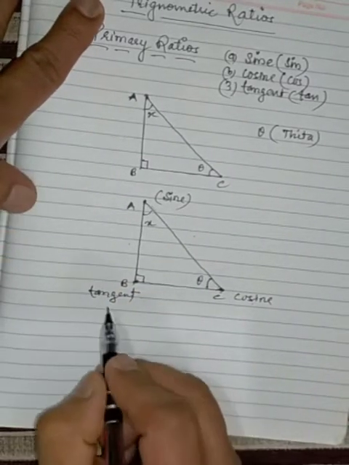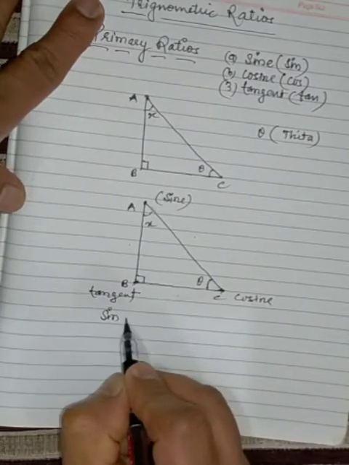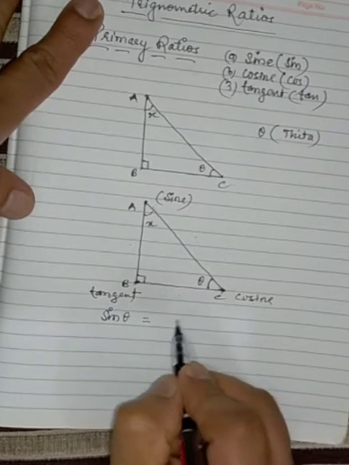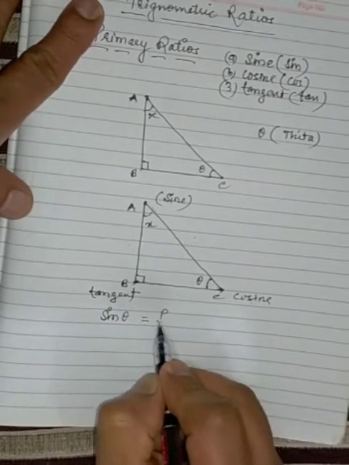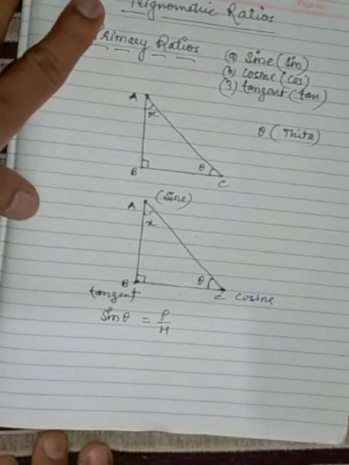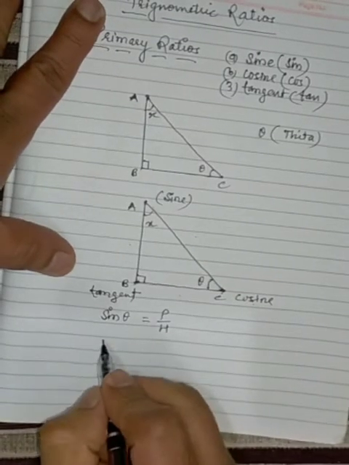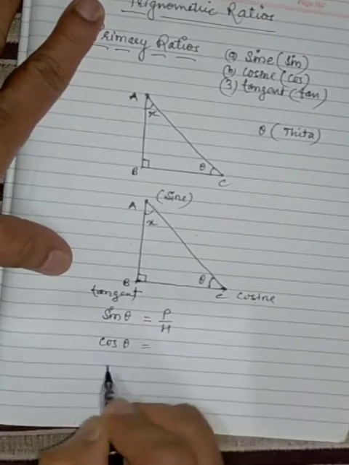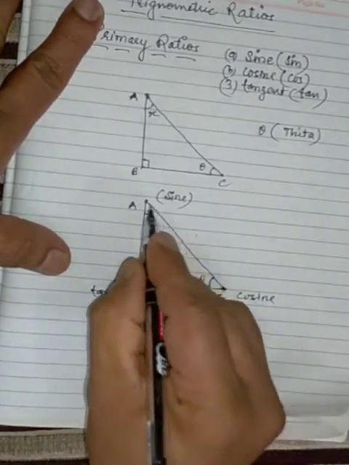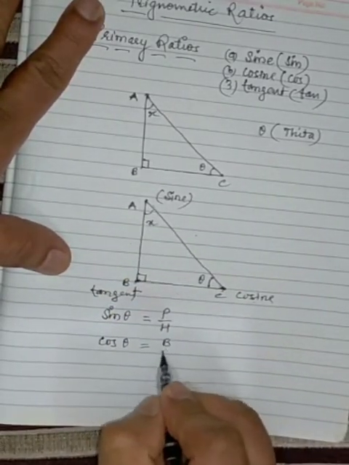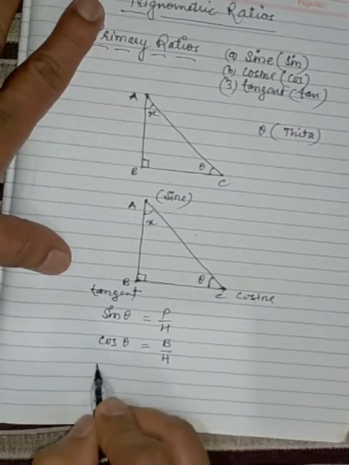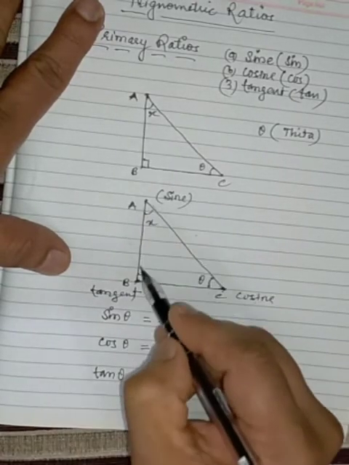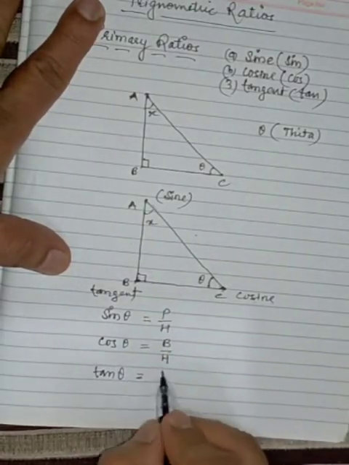So we will define sine for the base angle theta, that is sin theta is equal to perpendicular upon hypotenuse. Similarly, cos for the base angle theta is equal to base upon hypotenuse, and tan for the base angle theta is equal to perpendicular upon base.